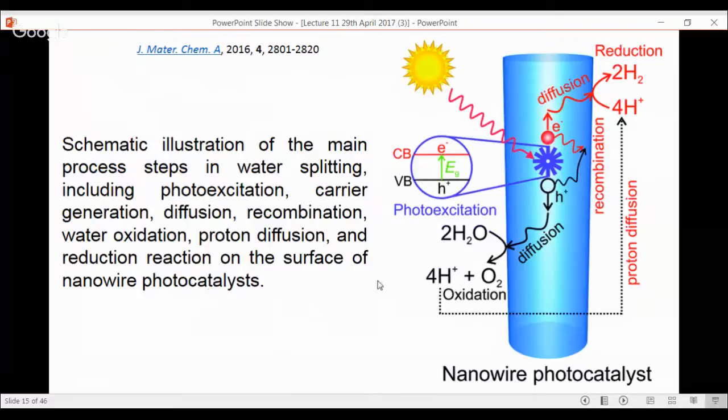Why I am showing this is we have already postulated, I hope you remember, that low dimensional materials will be better for this, not a three-dimensional material, but one-dimensional or two-dimensional materials. So here we are showing a one-dimensional material because the diffusion can be controlled or can be facile in one-dimensional material. Diffusion of charge carriers, electrons and the holes.